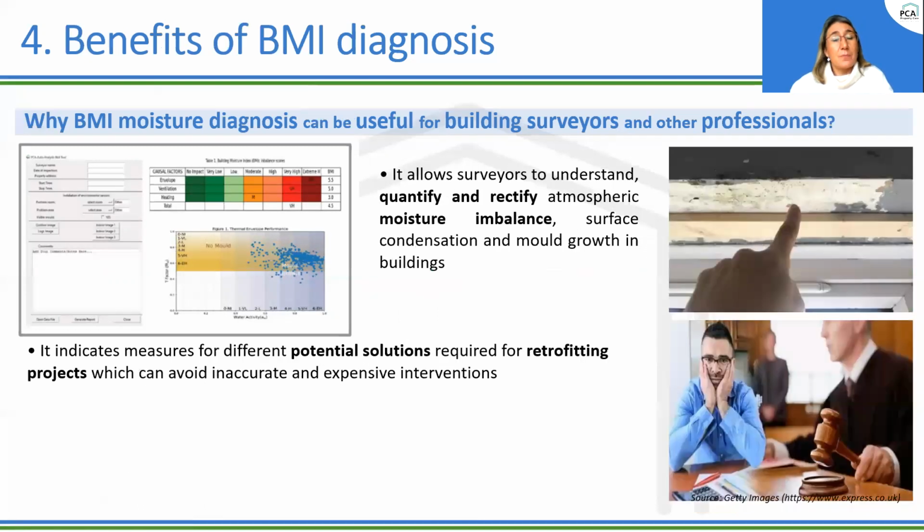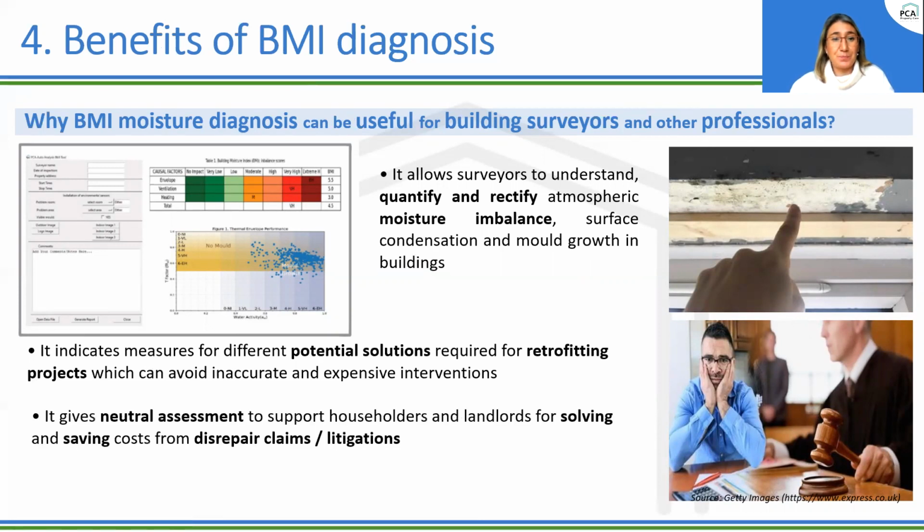But why is this moisture diagnosis useful for surveyors? Well, it can help surveyors to quantify and rectify atmospheric moisture imbalance and surface condensation and mold growth in buildings. It indicates measures for different potential solutions that can be required in retrofitting projects that can avoid inaccurate and expensive interventions.